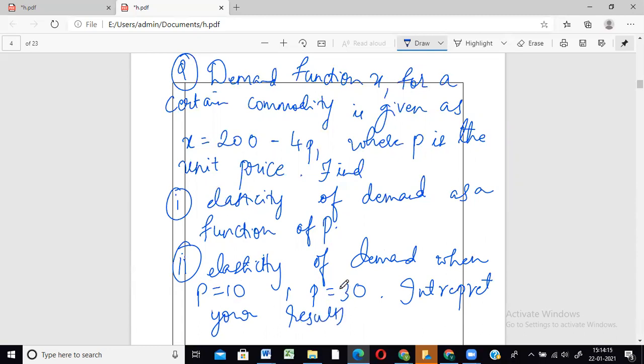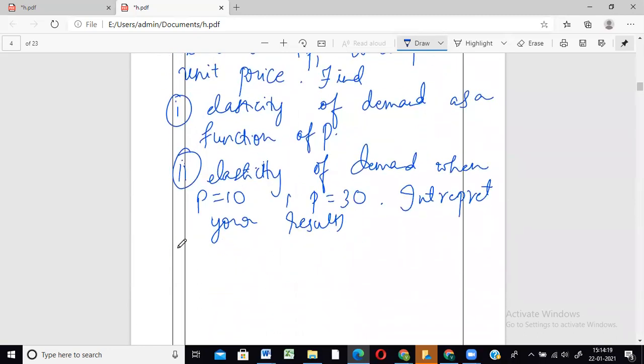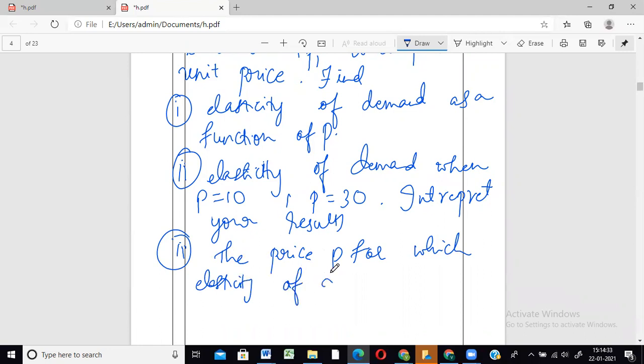Now, as they have said, we have to find out one more thing. You have one more question: the price p for which elasticity of demand is equal to 1.